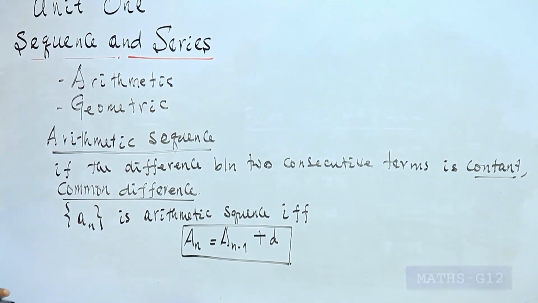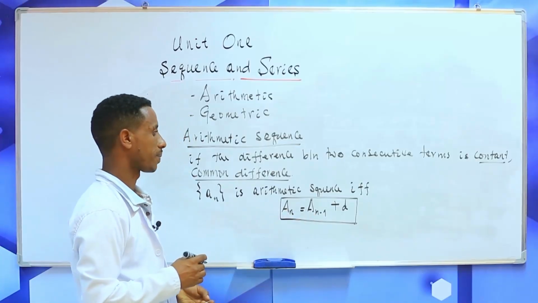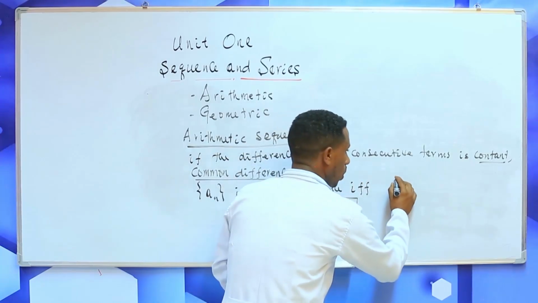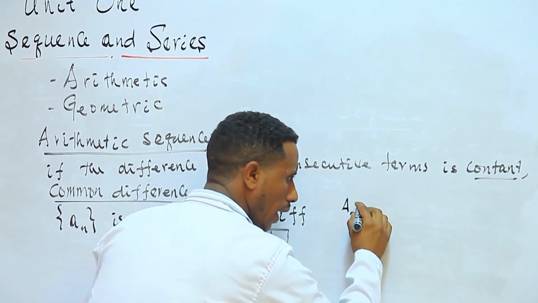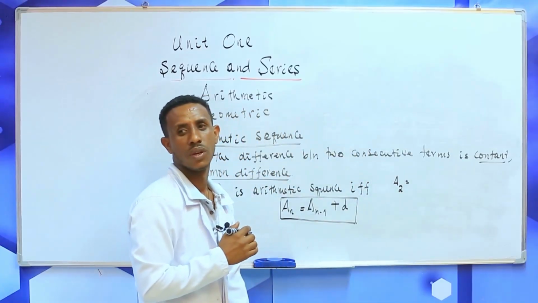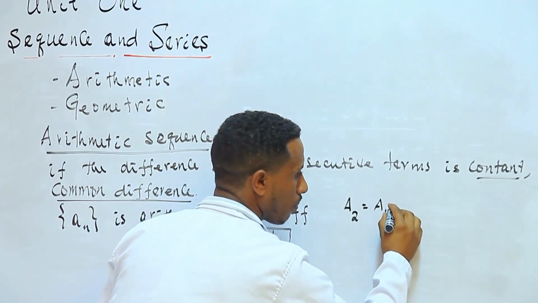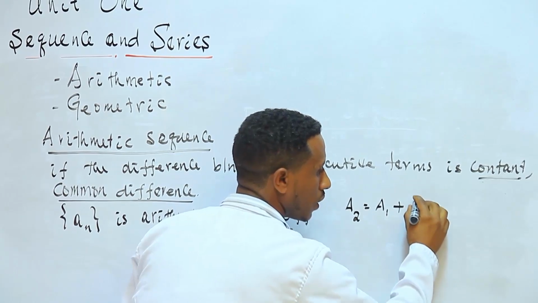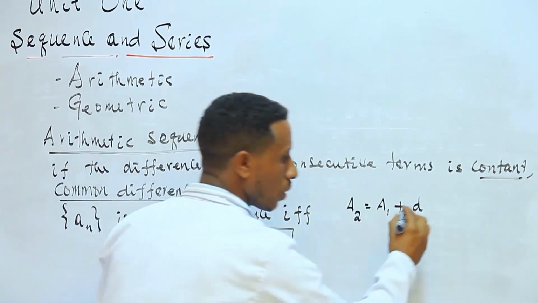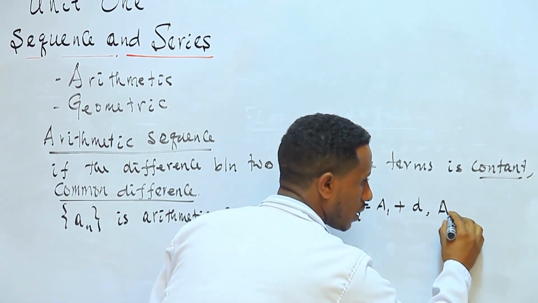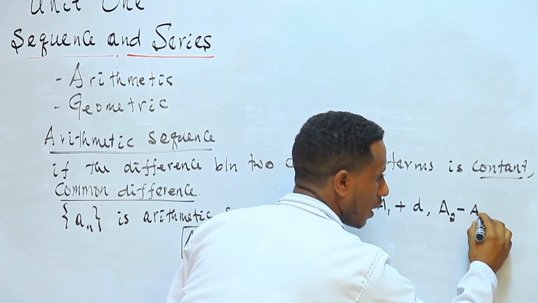So, what do you mean by this general formula? What do you think is A2? A2 is A1 plus D, where D is simply A2 minus A1.